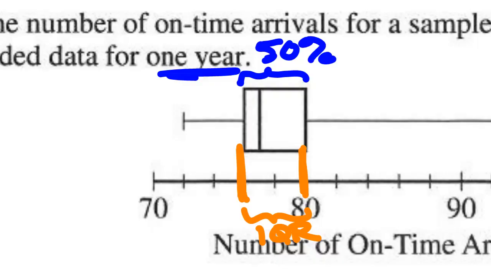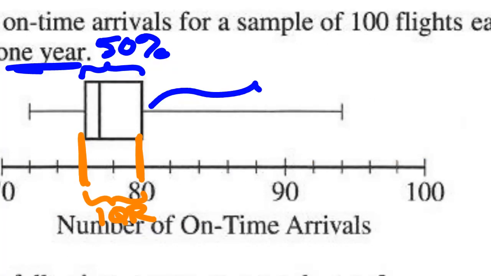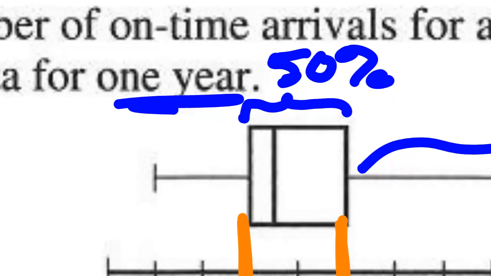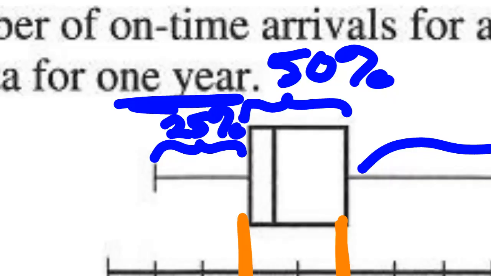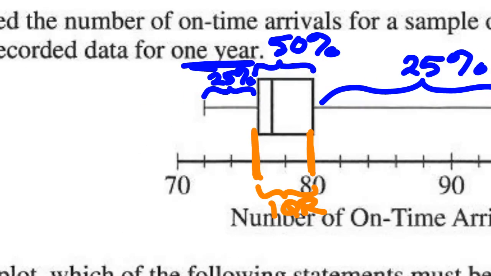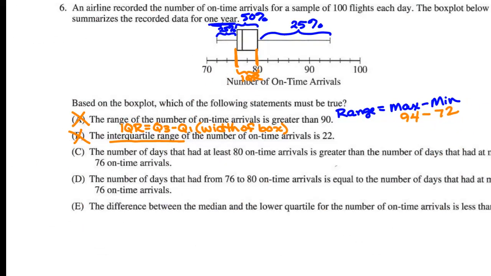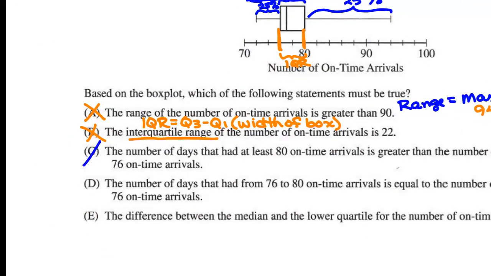So that'd be 6 months, half a year. I know that this much right here is 25%, and this much here is 25%. But I can't tell from a box plot how many days with 80 on-time arrivals there were versus how many days there were with 76 on-time arrivals. I just don't know. So it's not that one.